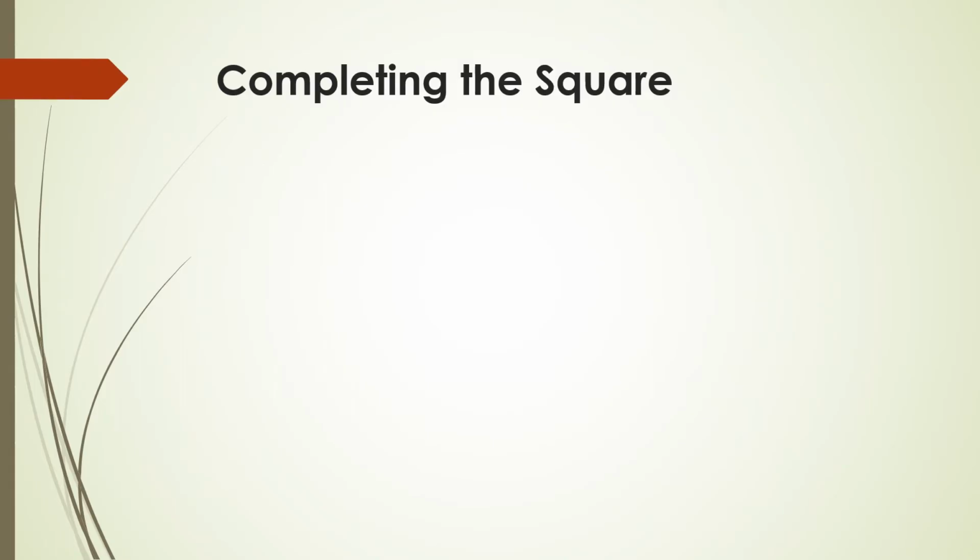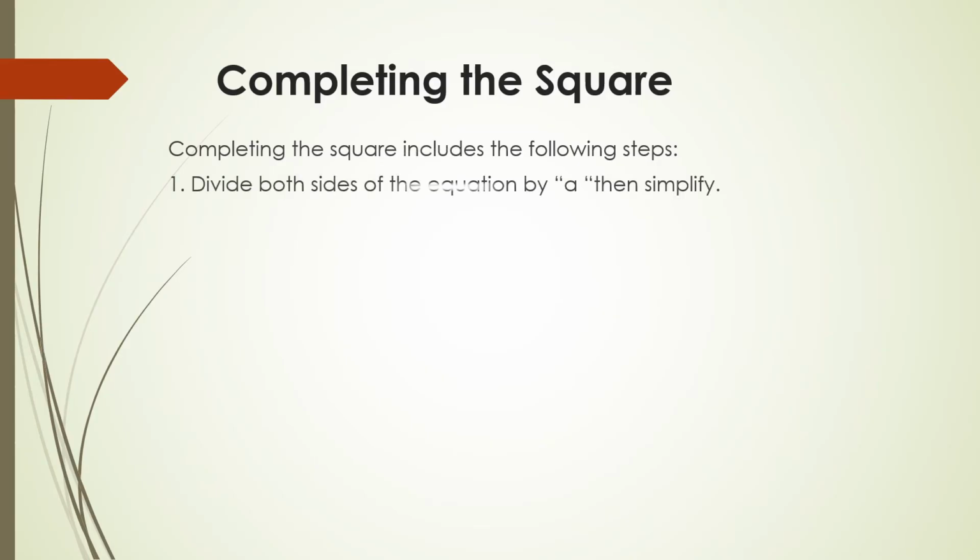So, we have the steps in solving quadratic equation using the completing the square. Okay, first one, divide both sides of the quadratic equation by a, then simplify. When a is more than 1, we need to divide both sides. Okay?